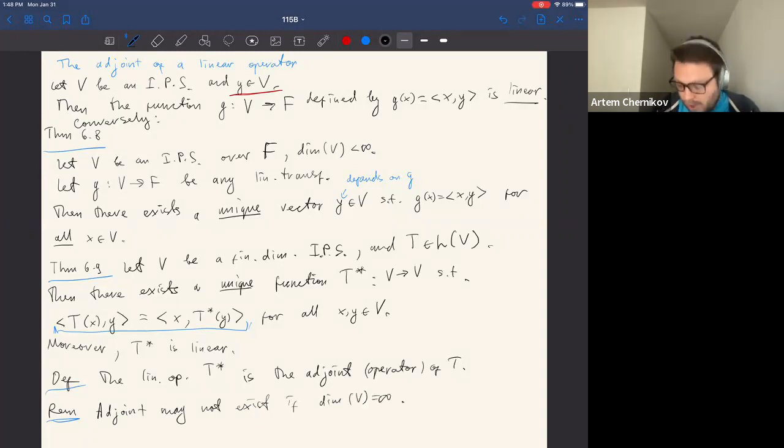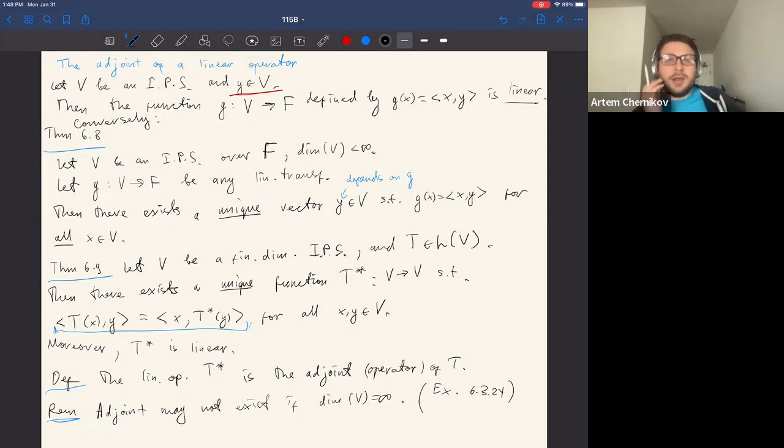Okay. And if you're curious to see an example of this, this is exercise, I think, 6.3.24 in the book. So it's possible that for some operators, there are no adjoints on infinite dimensional spaces. However, on finite dimensional inner product spaces, adjoints always exist.